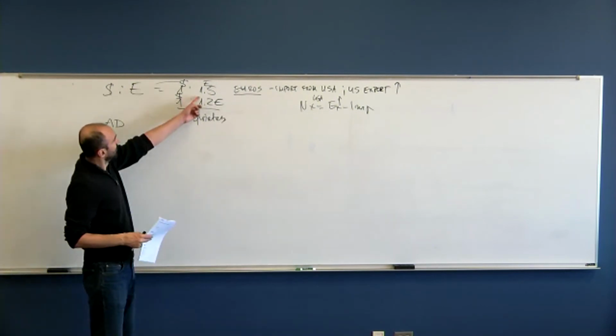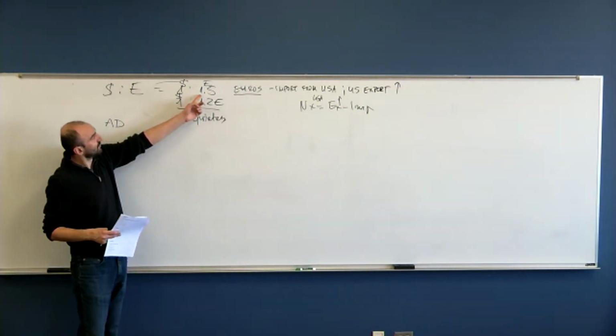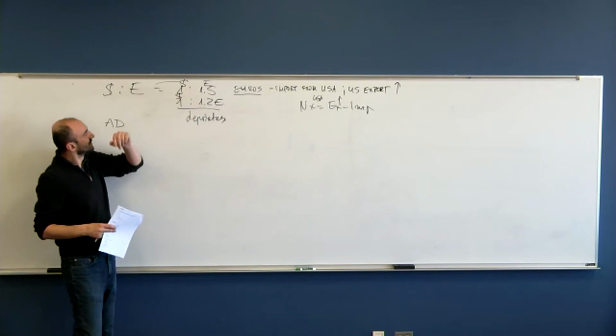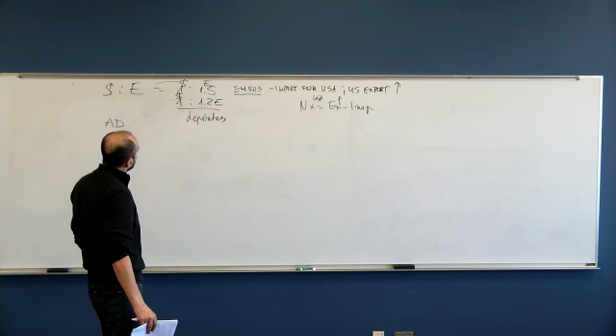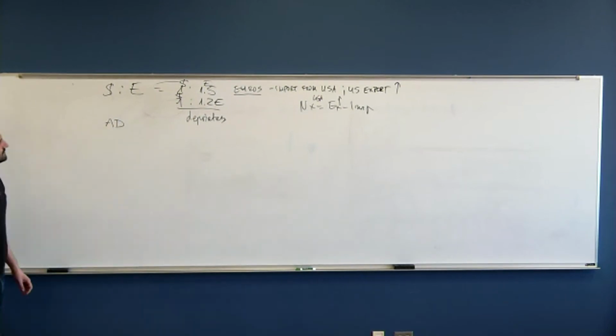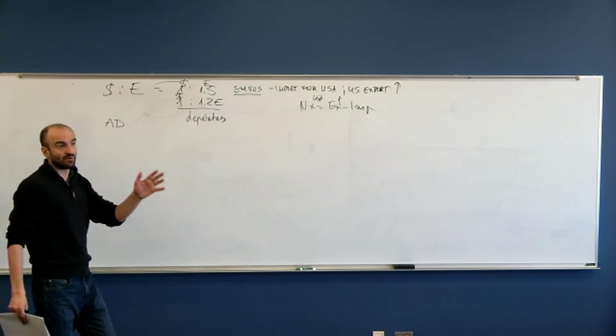So what was 1 over 1.4, 1 over 1.5, now the exchange rate decreased. You can buy fewer euros for a single dollar of your American earnings.